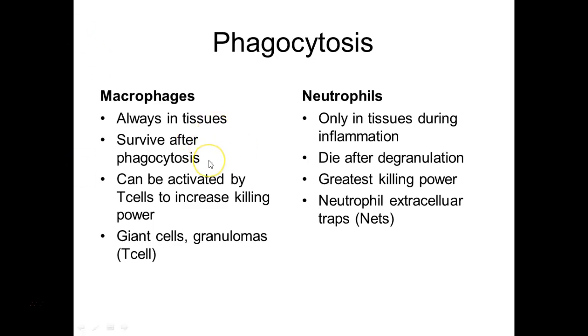They survive after phagocytosis, right? So they can engulf and kill a lot of stuff, and they're still going to survive this process. They can be activated by T cells to increase their killing power. That's why in granulomas you have T cells as well, right?